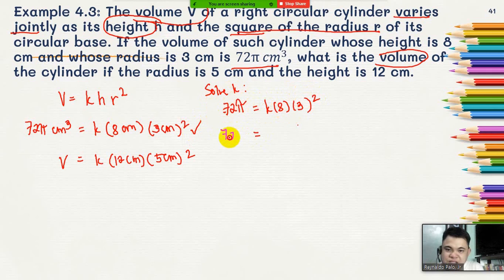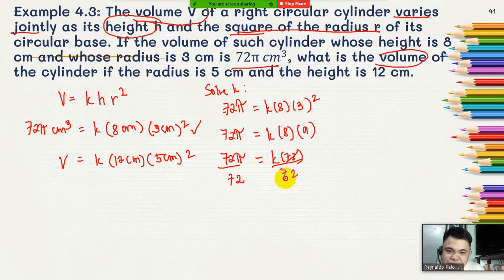Then the next thing is 72 pi equals k times 8, wherein 3 times 3 is 9. So 8 times 9 is 72. This will be now 72 pi is equal to k times 72. Next, let us simplify. So divide both sides by 72.